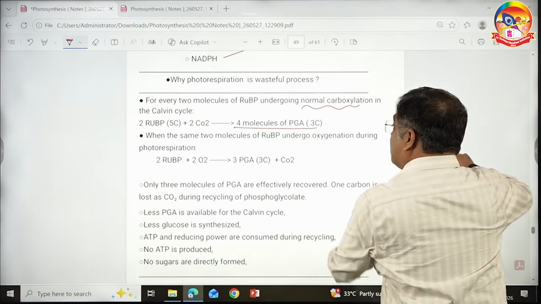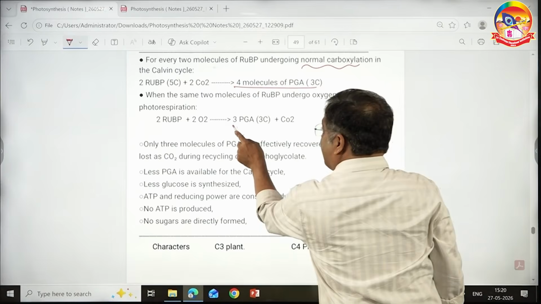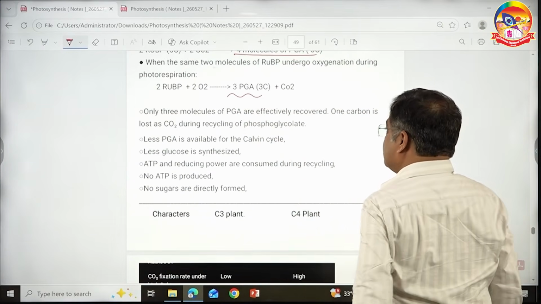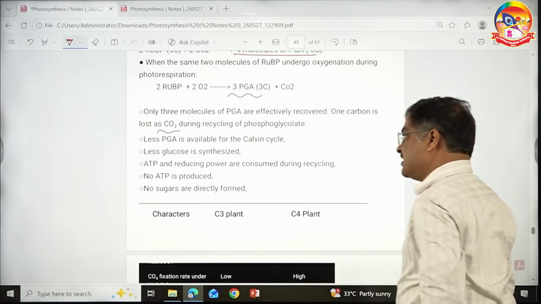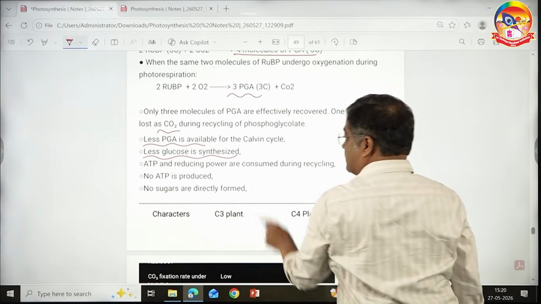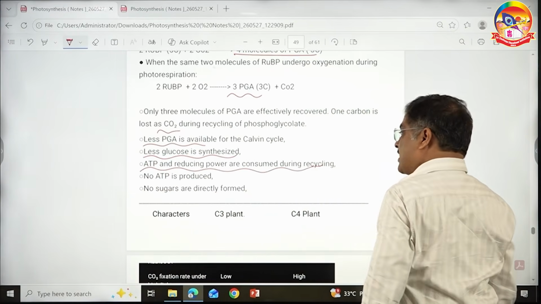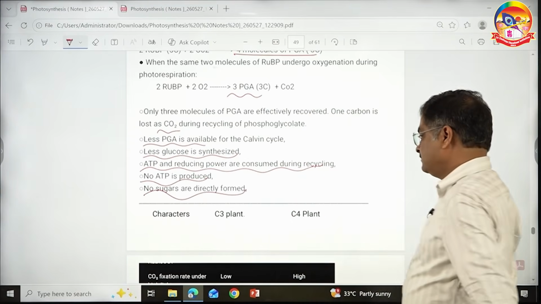When the same 2 molecules of RUBP undergo oxygenation during photorespiration, the number of PGA formed is only 3. Only 3 molecules of PGA are effectively recovered. 1 carbon is lost as CO2, children. We have already seen. Less PGA, less glucose. Added to that, ATP and NADPH2 are consumed. No ATP is produced, no sugars.